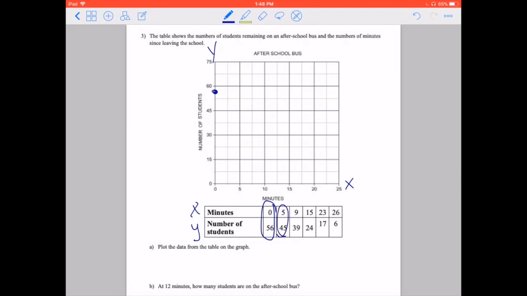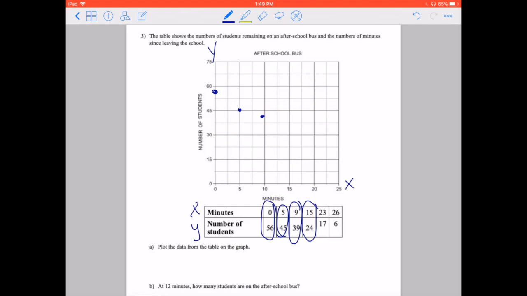5 minutes goes by and there are 45 students left. 9 minutes goes by and there are 39 students left. At 15 minutes, there are 24 students left.